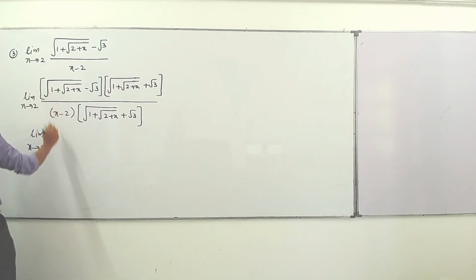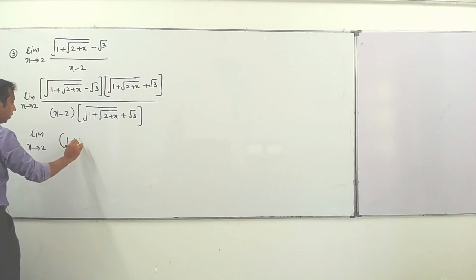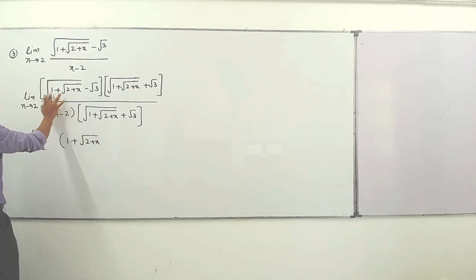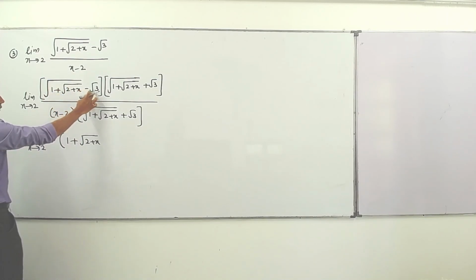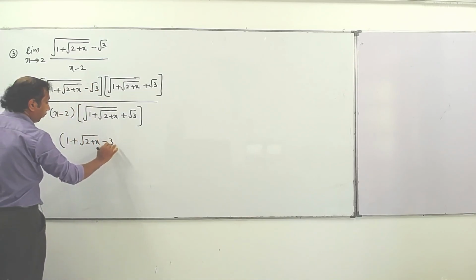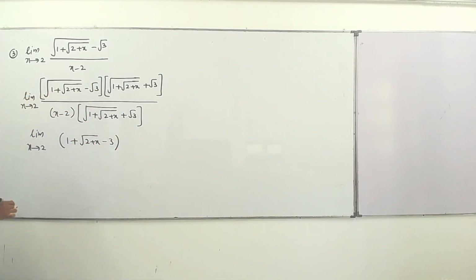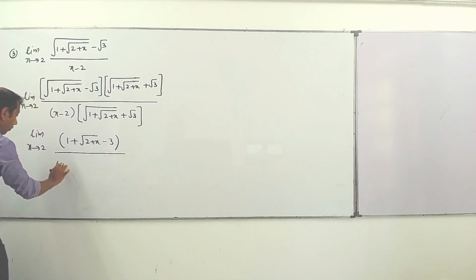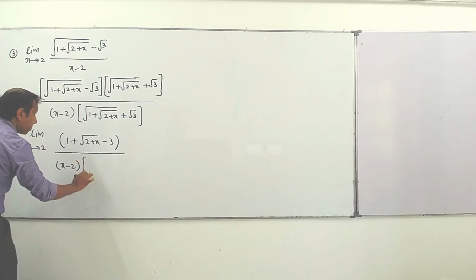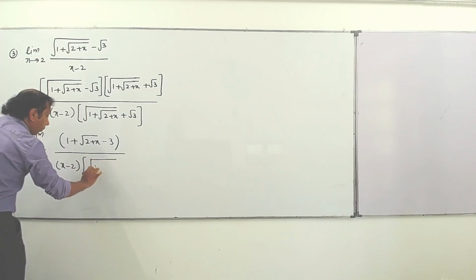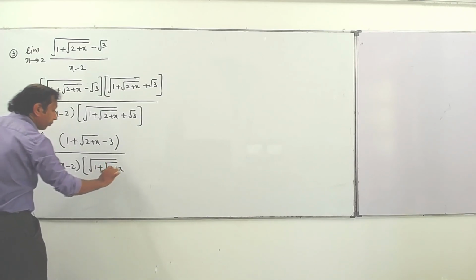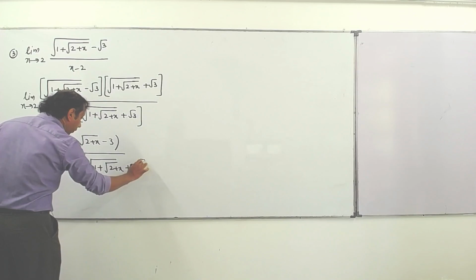Then the root will eliminate. 1 plus root, minus root squared is minus. Then here we have x minus 2, 1 plus root 3.